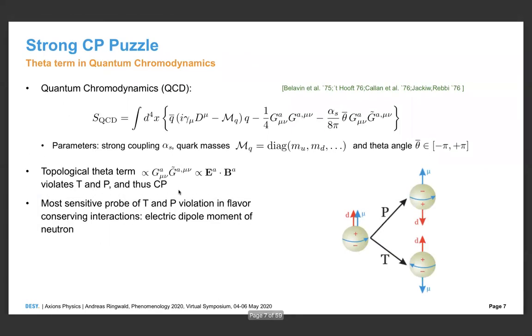Now, the most sensitive probe of T and P violation in flavor conserving interactions is the electric dipole moment of the neutron, which is directly proportional to T and P violation.